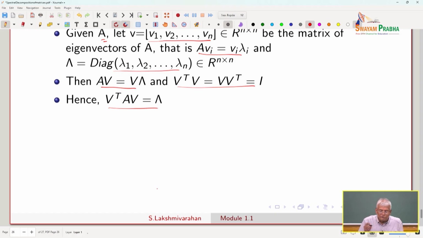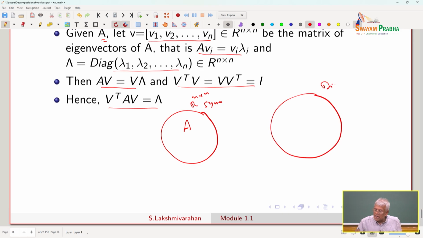That means every matrix, look at this now, every matrix, what is this? Set of all n by n symmetric matrices. This is a set of all diagonal matrices. Every matrix A can be mapped into a diagonal matrix, and this transformation is given by V transpose AV.